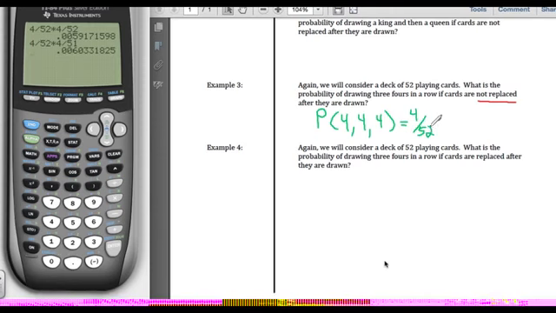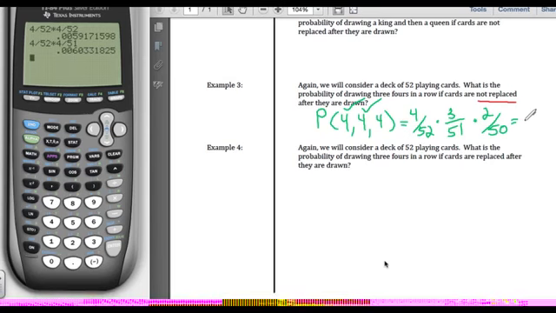There are 4 4s in the deck out of 52 total. Now they're not replaced, so you've taken that first 4 out of the deck. You're down to 3 4s out of 51 cards. And for that third 4, you've taken a second 4 out of the deck, so you're down to 2 out of 50.